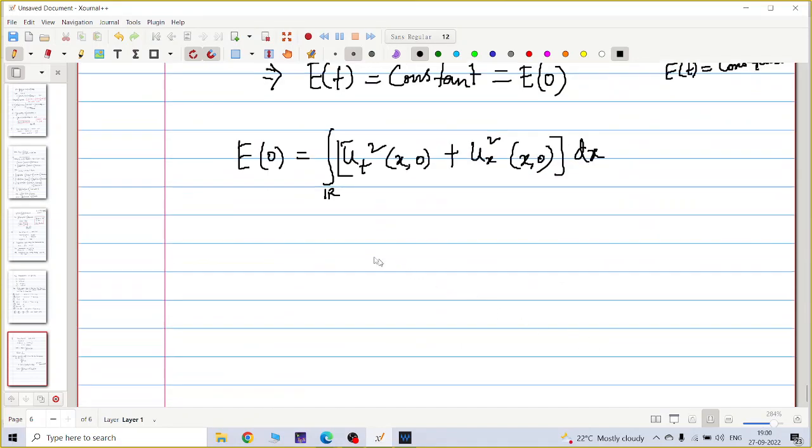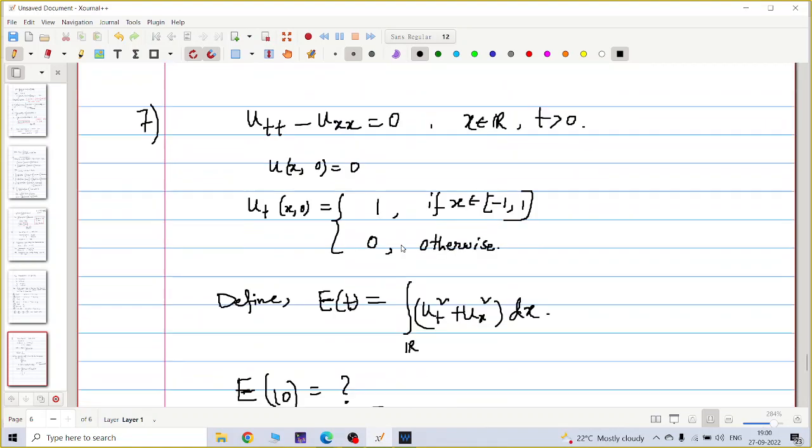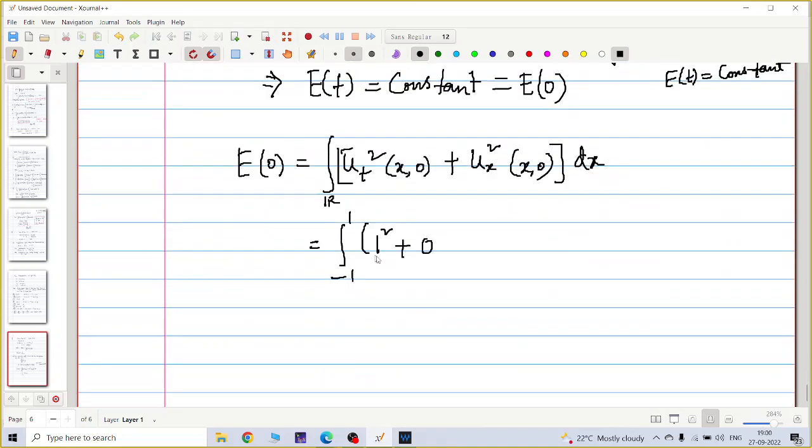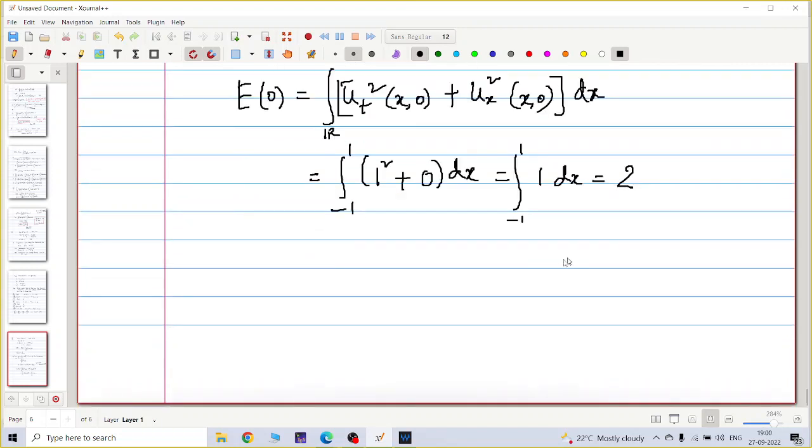That means u_t is nonzero only from minus 1 to 1: 1 square plus 0, because u_x at (x,0) is 0. So that means integral from minus 1 to 1 of 1 dx, that is 1 plus 1, 2. So now I got E of t is a constant. E of t is 2 for any t.